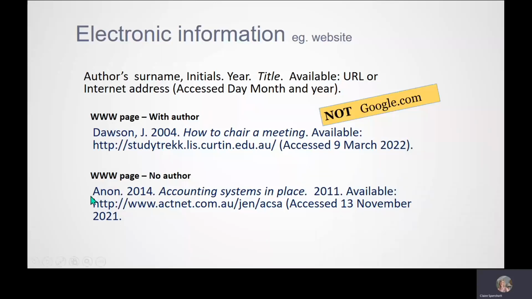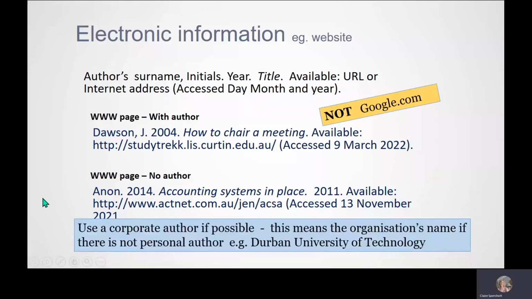And again, if there was no author, you may have to use the term anon. However, if possible, if you've taken information from a website that has a corporate author, for instance, if you took something, say, from DUT's website or something from SAR's website, you could actually use the name of the organization as an author if there's no personal author.